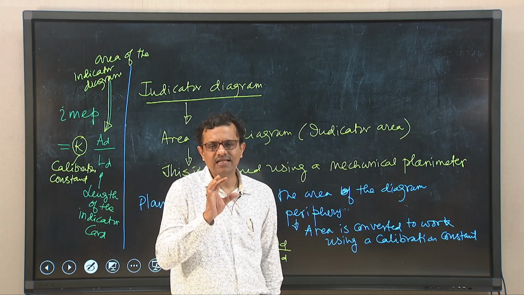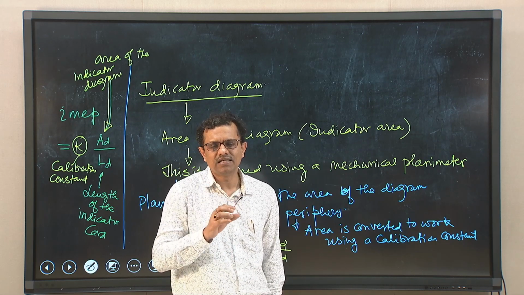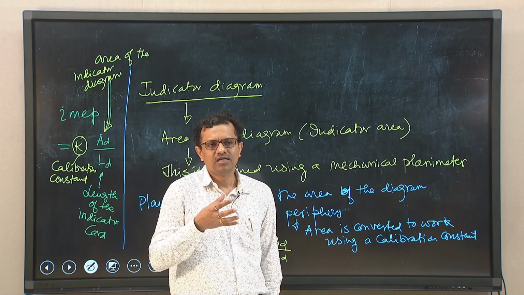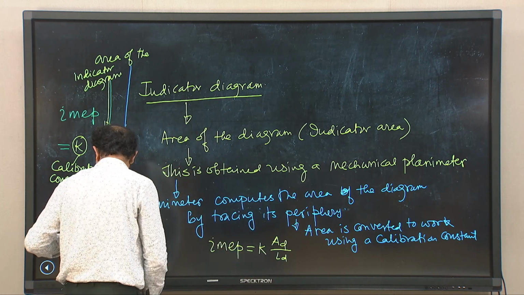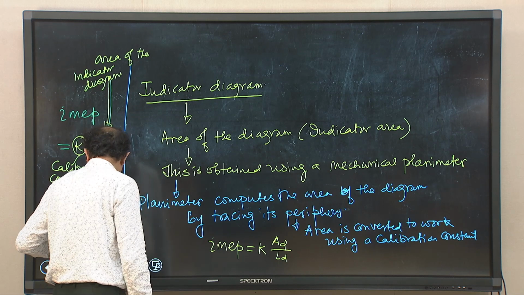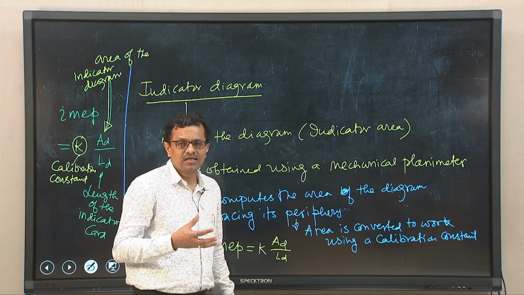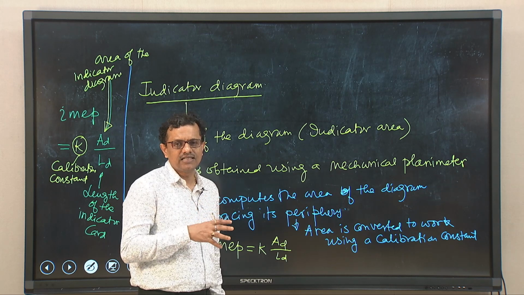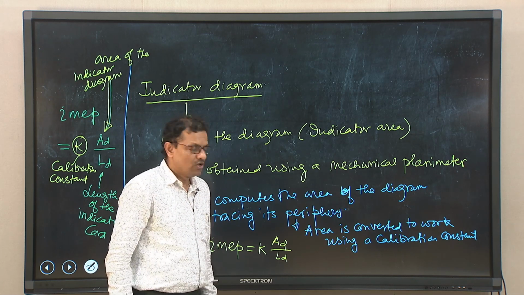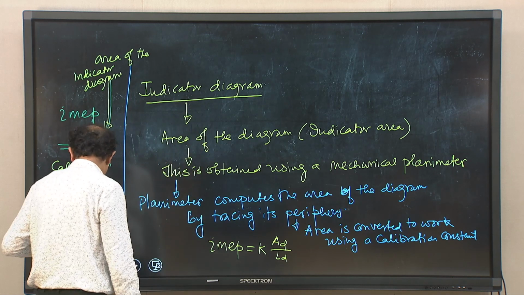If we divide the area by the length of the indicator card, we get the ordinate in length, and if we multiply that with the calibration constant k, we get the indicated mean effective pressure. So, this is what is used.